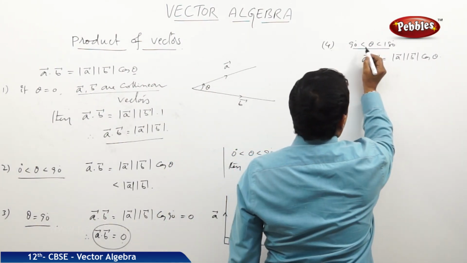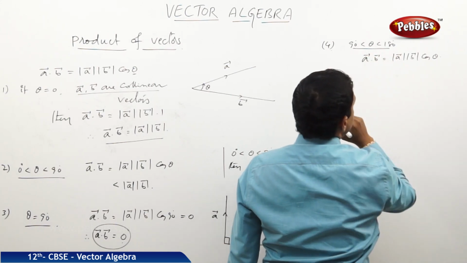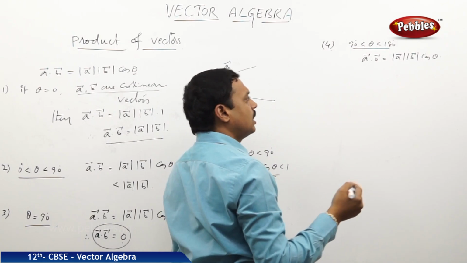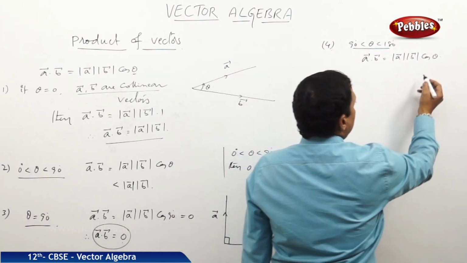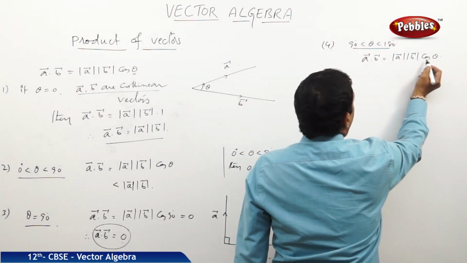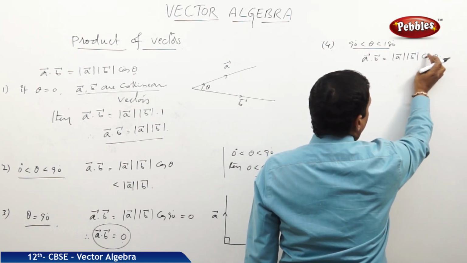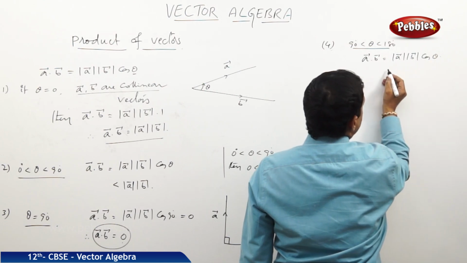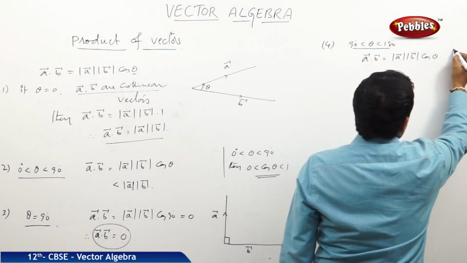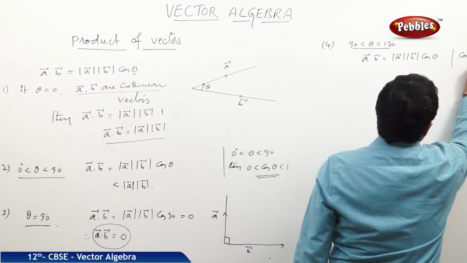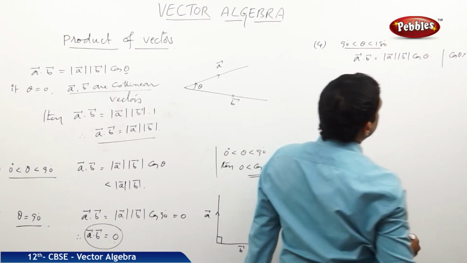Now, when theta lies between 90 to 180 degrees, the cos values lie between -1 to 0. That means negative values. Hence, -1 to 0. When cos theta lies between -1 to 0, it is always greater than -1.